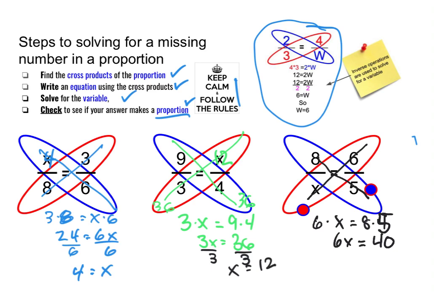Now, there's no whole number that you can multiply to make 40. So we use our inverse operations. We see multiplication. We do division. And x would equal 40 divided by 6. So x is equal to 40 divided by 6, which is 6 and 2/3, or 6.6 repeating.